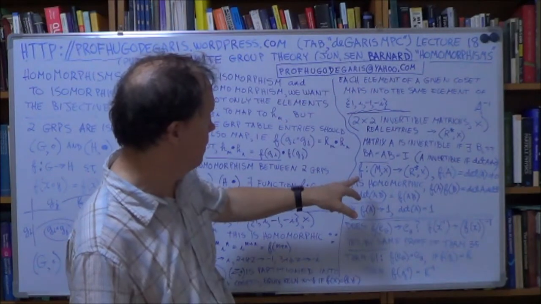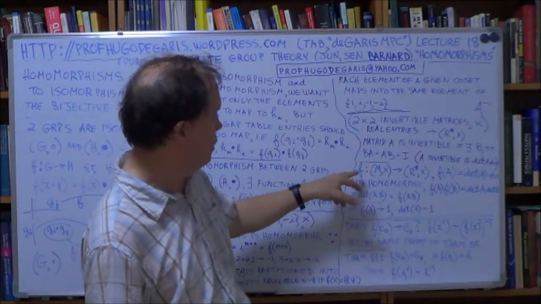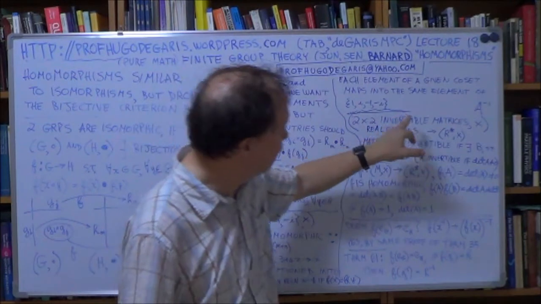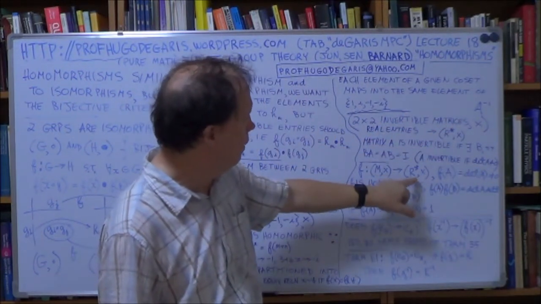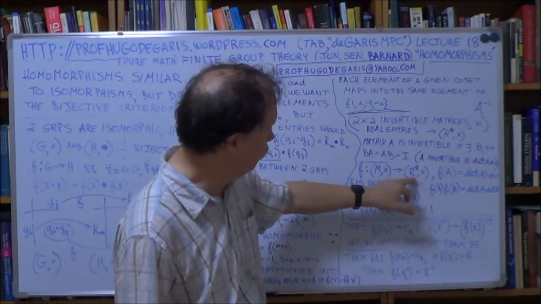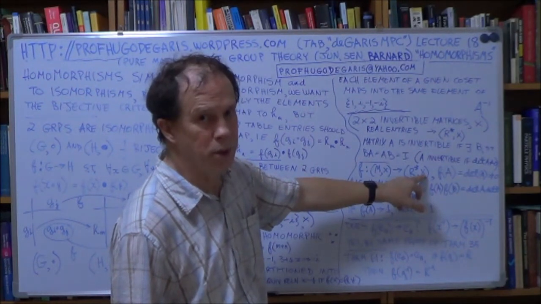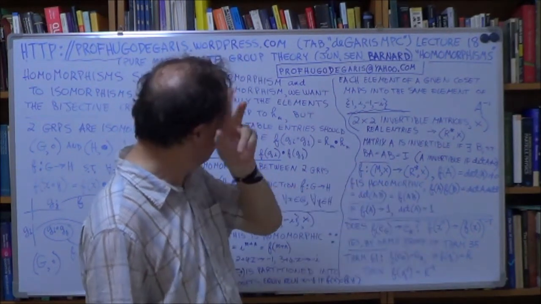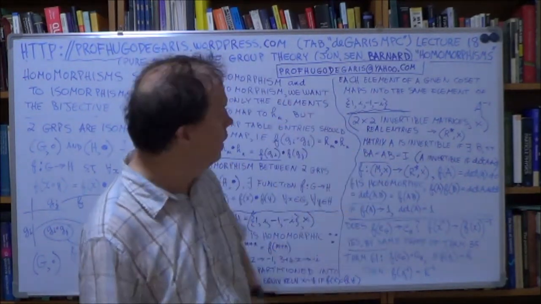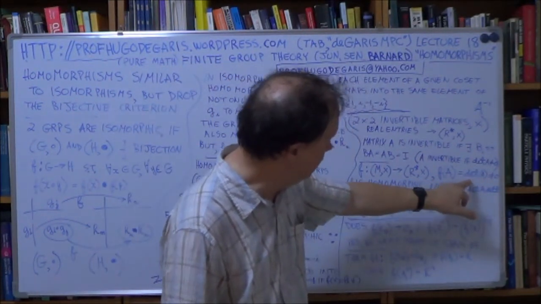Okay. Now, this is a second example of a homomorphic function. This function f is mapping 2 by 2 invertible matrices into the non-zero real numbers. And this is your group H, and its binary operation is just simple multiplication of real numbers. So that's mapping this group to this group. What are you mapping in terms of elements? Here you're mapping an element to some other element.